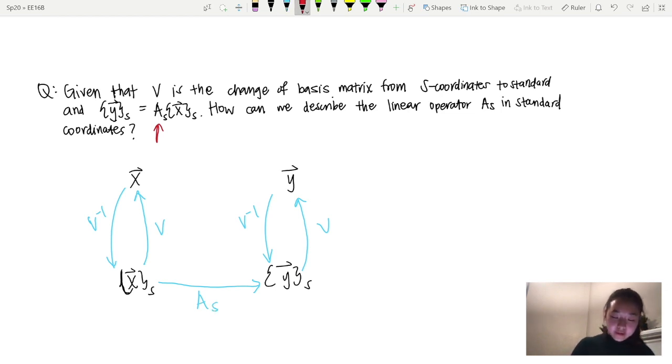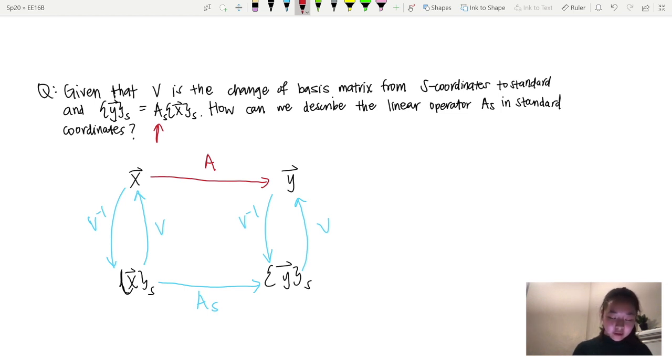And the ultimate thing that you're trying to find is the same linear operator but in standard coordinates. So it's read A instead. And something to point out is that here with the change of basis matrices, we included both directions as well. So we included the inverse, but we can't necessarily do that with A and A_S because we don't know if it's invertible, and it's actually not really necessary in general.